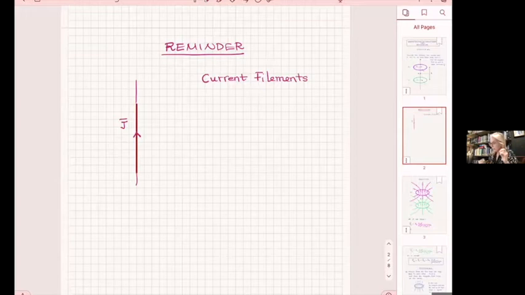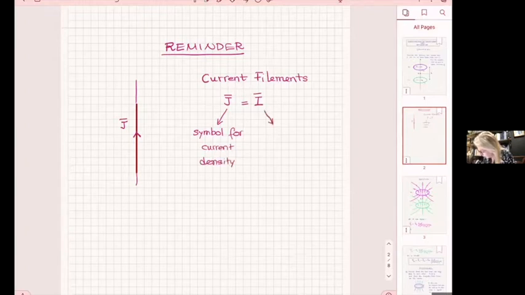So we indicate them either like this or equivalently like that, because we reserve the symbol J for densities, usually. This is a symbol for current densities. This is a symbol for current, total current.